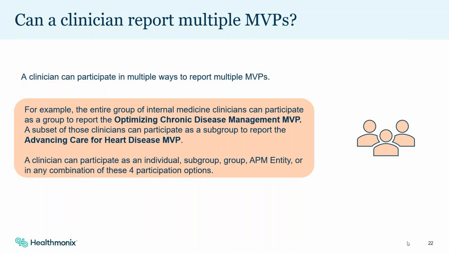The big thing is that a clinician can report as an individual, subgroup, group, APM entity, or any combination of these. However, they can't do two separate subgroups, and I might have that on another page. They cannot do two separate subgroups. They can only do one subgroup per TIN that they are working with.